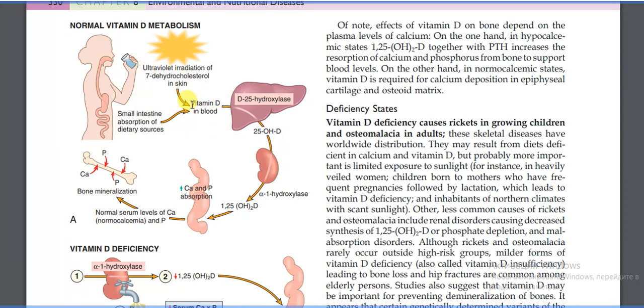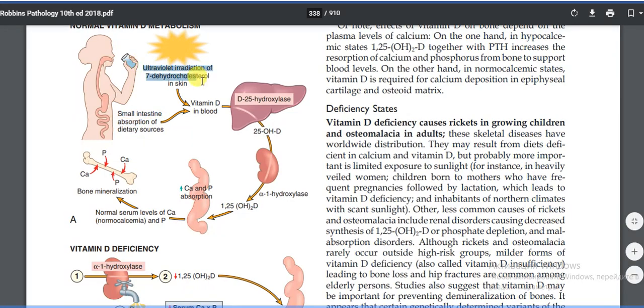Vitamin D might be absorbed by the small intestine from dietary sources or supplements, or produced by ultraviolet radiation of 7-dehydrocholesterol in the skin, and it produces vitamin D in the blood. Then the liver produces 25-hydroxylase and 25-hydroxy vitamin D. Then it is metabolized in the kidneys, and it increases calcium reabsorption, then increases calcium and phosphorus absorption in the small intestine, and then normalizes the serum level of calcium.